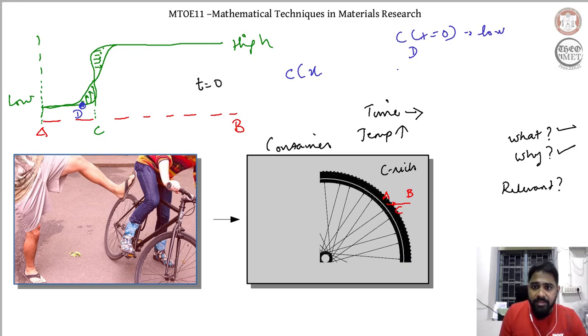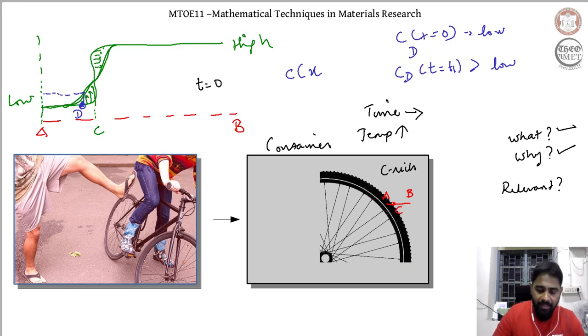Now, at the same spot, if I consider my carbon concentration at time t1, which is this curve here, I find that my carbon concentration is no longer low, but it is greater than low.